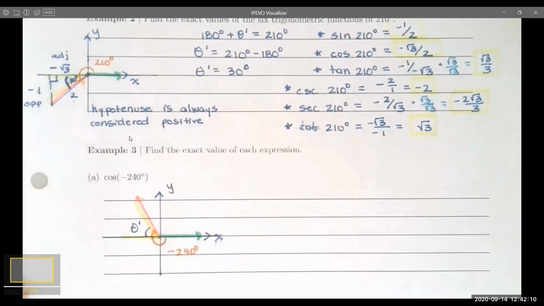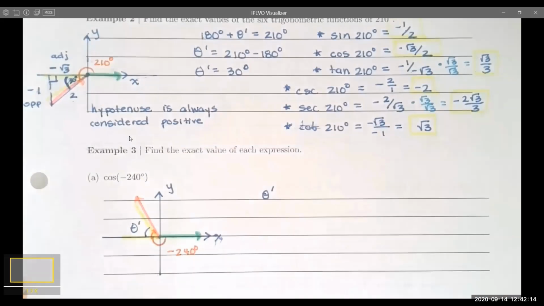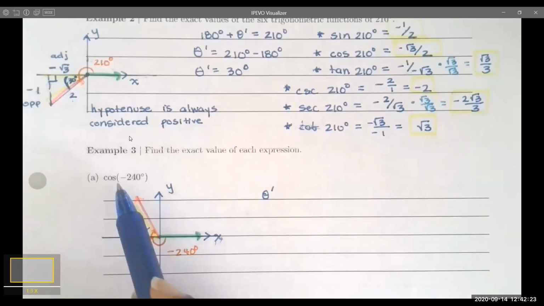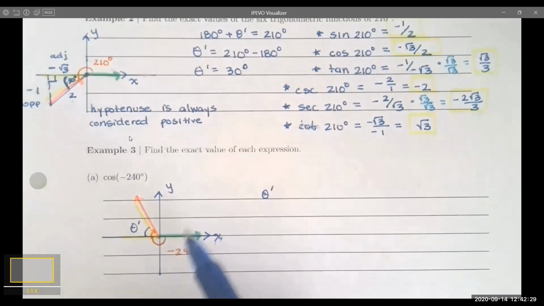Now, in order to obtain the reference angle there, we're going to have to figure it out from the diagram, because the formulas that we found in the first 2 pages only concern positive angles, right? Angles that rotate counterclockwise.